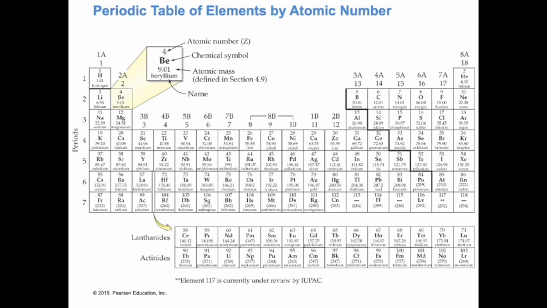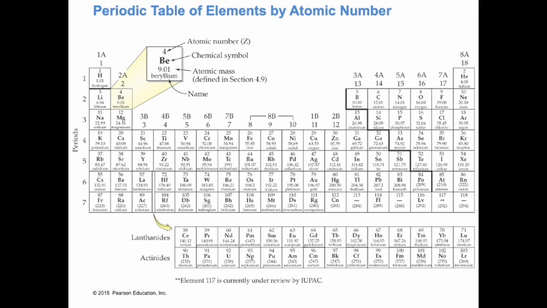How many protons are in Mo? 42. How many protons are in K? 19. It's just that number on top. And so that number is handy because it also helps us organize the periodic table in order: 1, 2, 3, 4, 5, 6, 7, and so on. The atomic mass, that's the number on the bottom. That one's a little tricky, and we're going to talk about how we can understand what that number means.